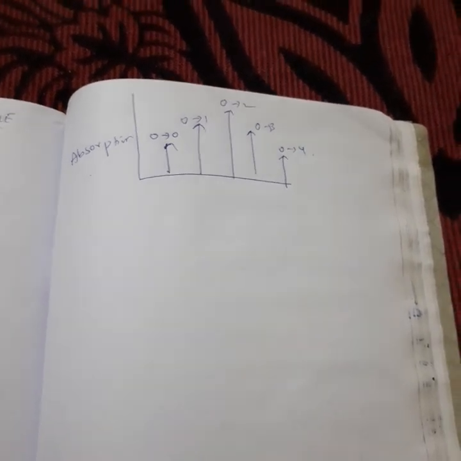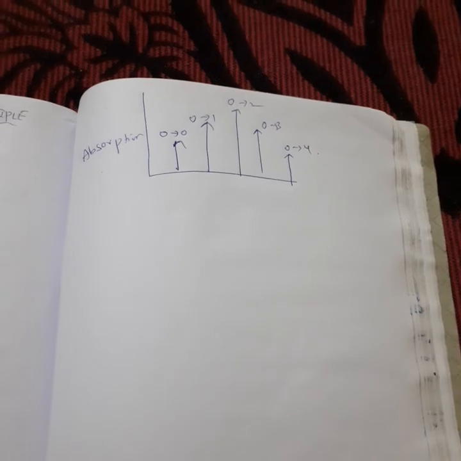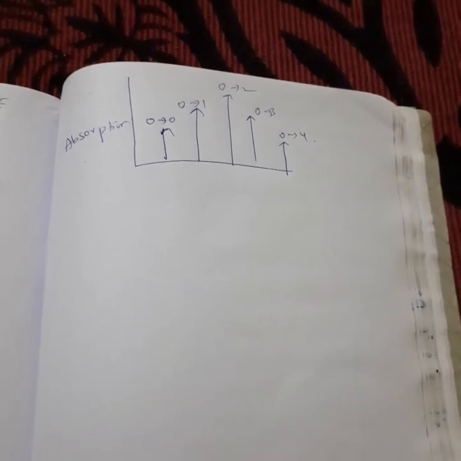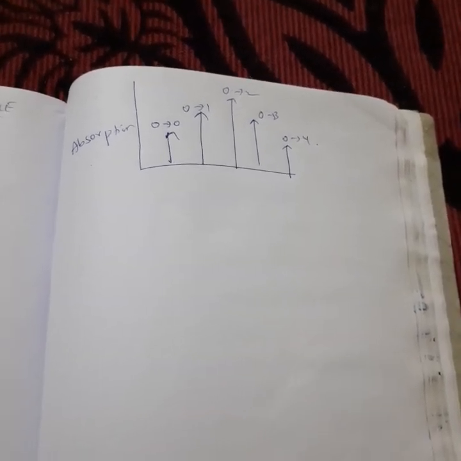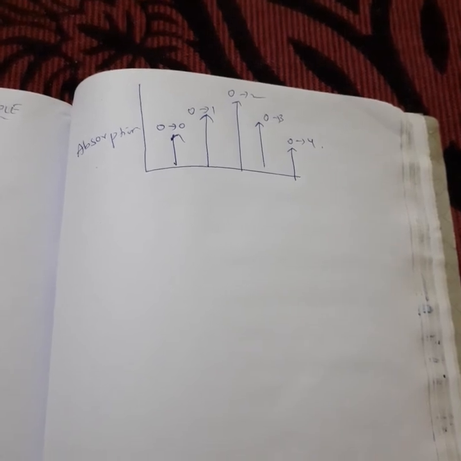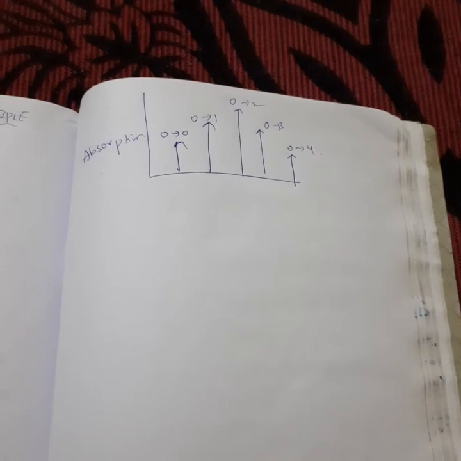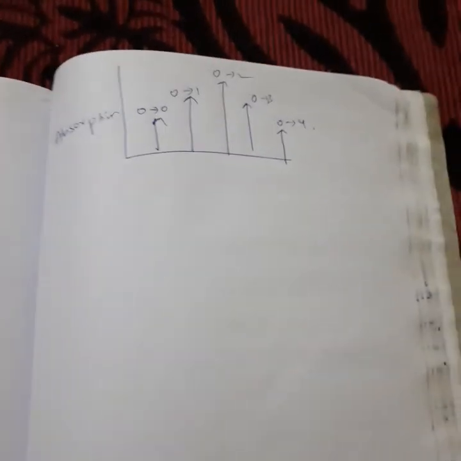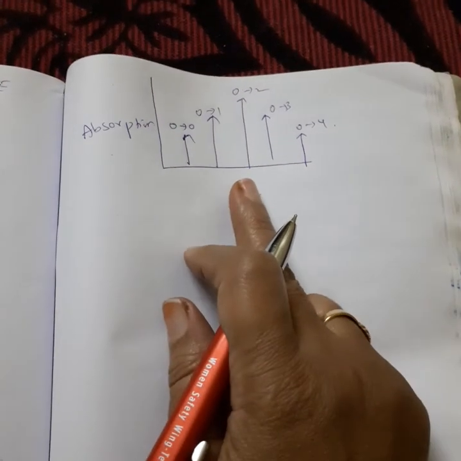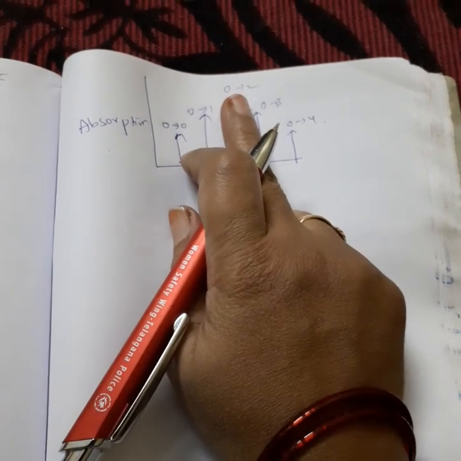Only certain peaks will help us to know about the qualities, such as what is the functional group, how many conjugated systems are there, or whether it is aromatic. Such information is given by only certain peaks. Okay. So here, what is that certain peak? The transition from 0 to 2.